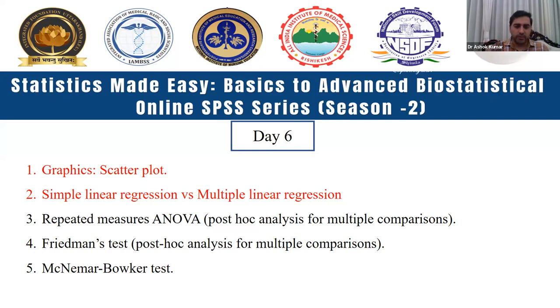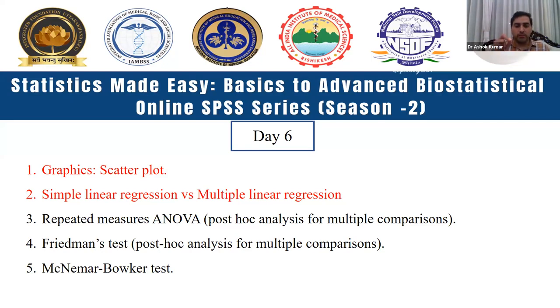If your dependent variable is quantitative and repeatedly measured over a time period, for example, in your study there is one group of 100 participants and you are measuring quality of life at baseline, at 3 months, at 6 months, or at 1 year, so it is a repeated measure.